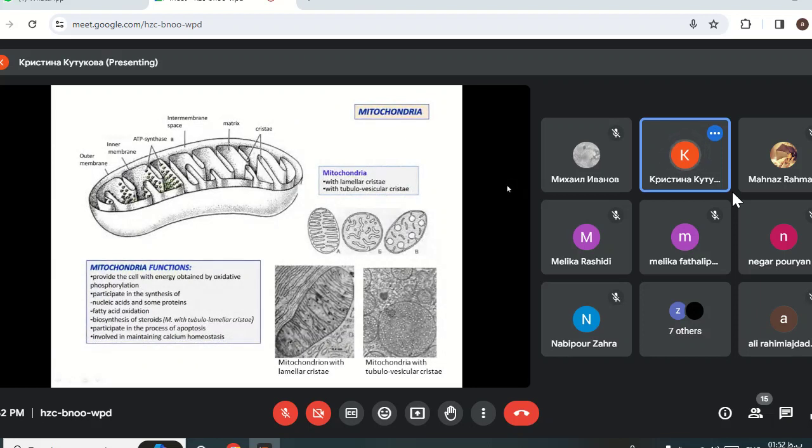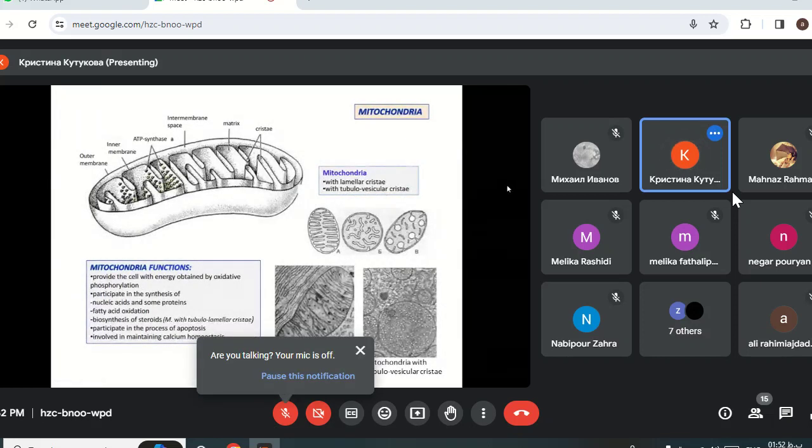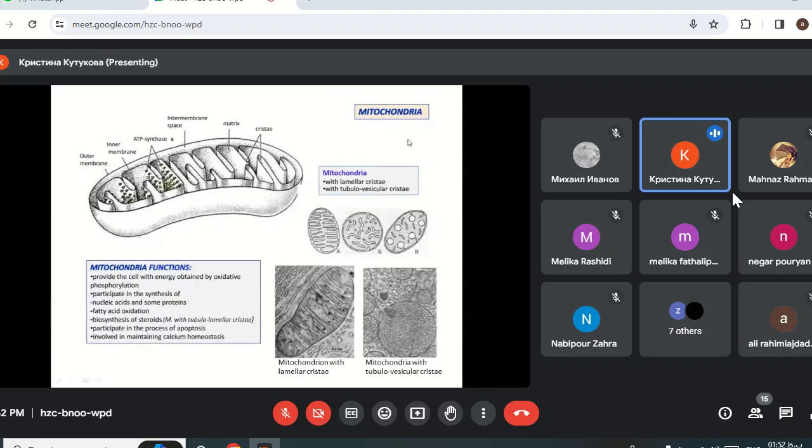Next, mitochondria. Mitochondrion is one mitochondria, and mitochondria are actually the plural name for these organelles.